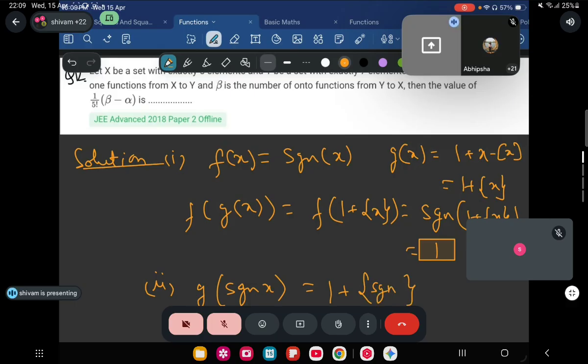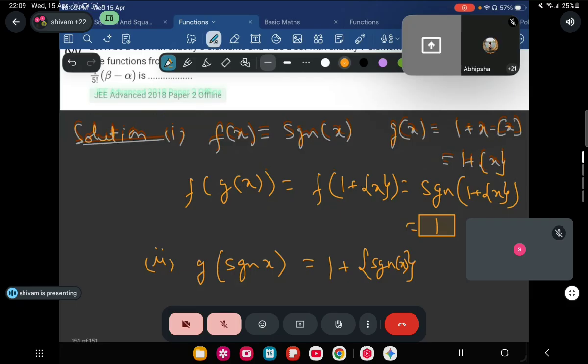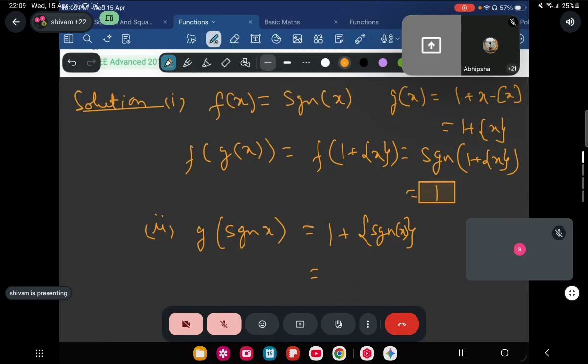Now, signum of x is always an integer, right? Tell me, so what is fractional part of signum of x? If signum of x is always an integer, what is fractional part of signum of x? Zero, right? So this will give us 1 plus 0, which is 1. Is it clear? Yes, sir. So it's easy only.